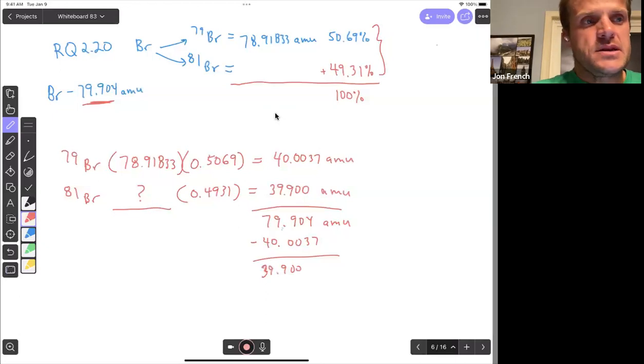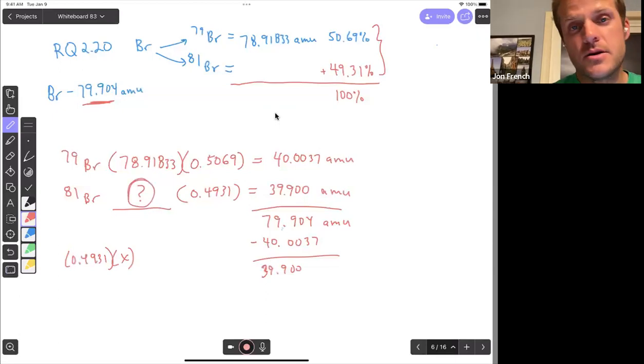Now I can just set this up like an algebra problem. Basically, I have 0.4931 times x, that's my unknown right here, equals 39.900.